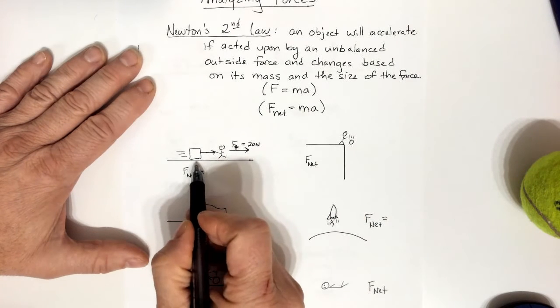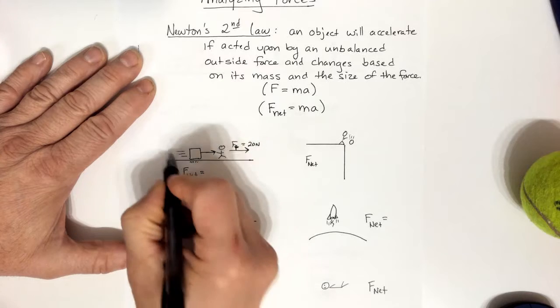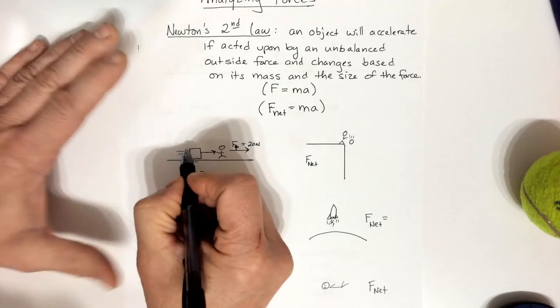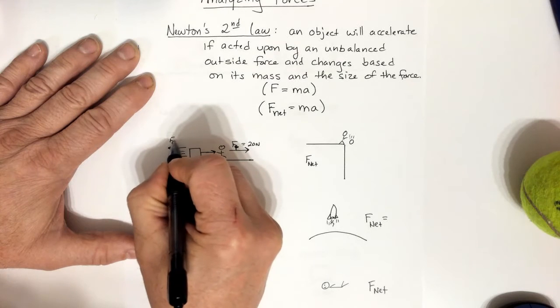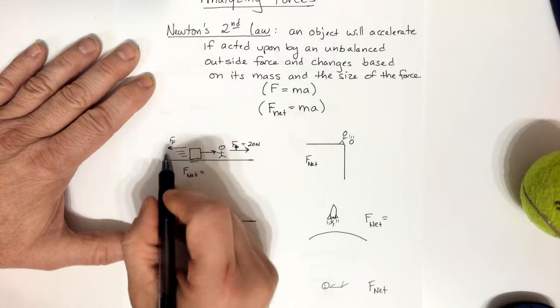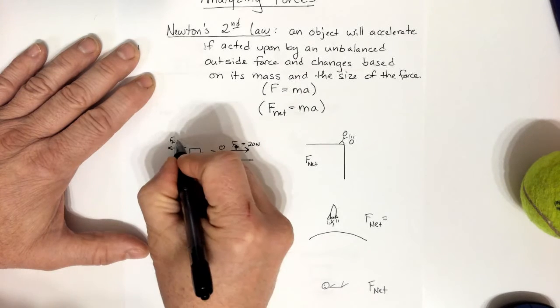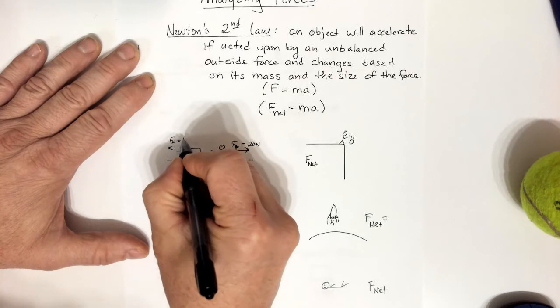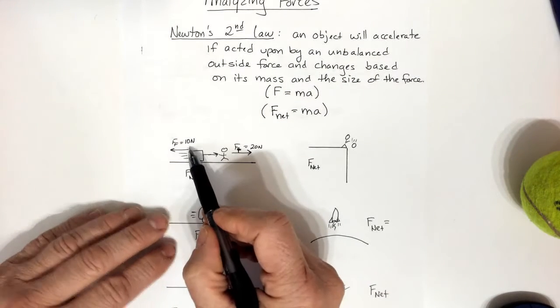But that box is touching the floor, so it is experiencing some friction. And let's say that the force of friction it feels on the box goes in the opposite direction, because friction always opposes the direction of motion. It was moving this way. And let's say that friction is 10 newtons. Okay? And newtons is the unit, of course, for force.